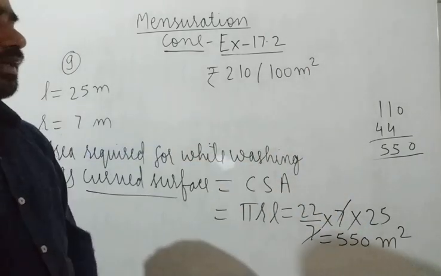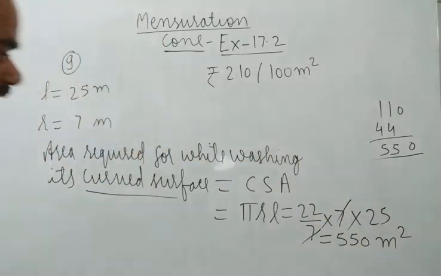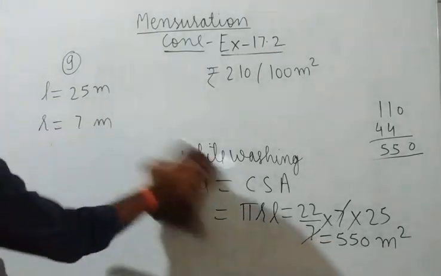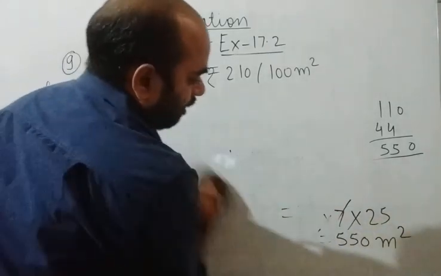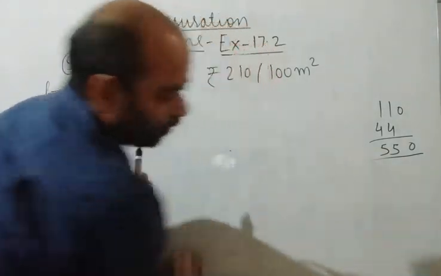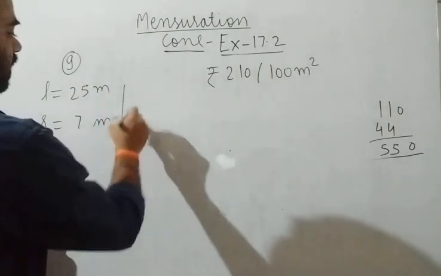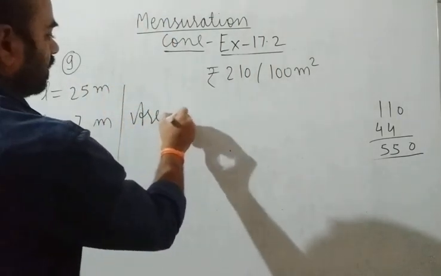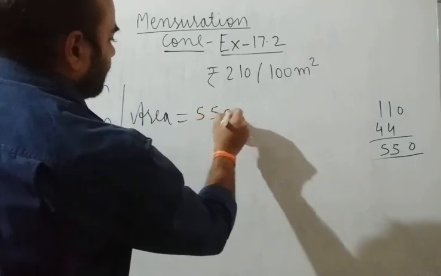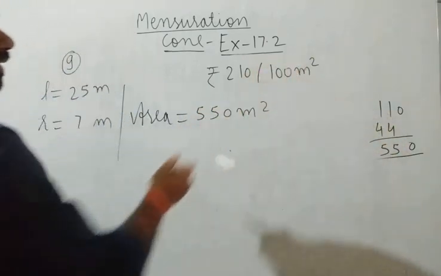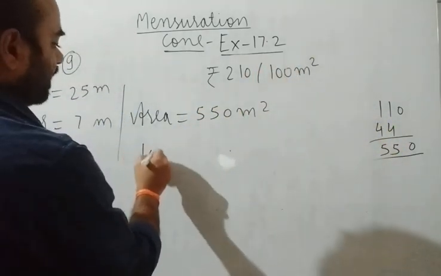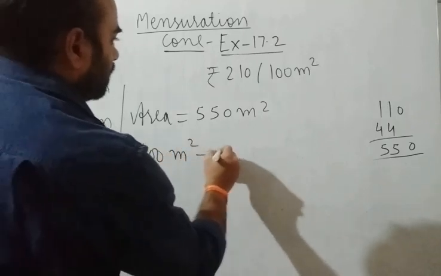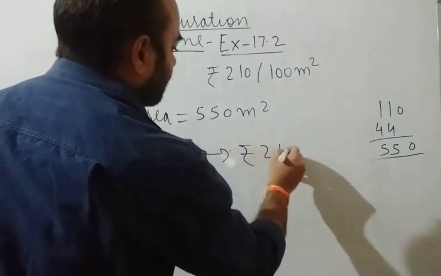But we have to find the cost. So the area we have calculated, area required, is 550 meter square. Here the cost is given: for 100 meter square, the cost is rupees 210.